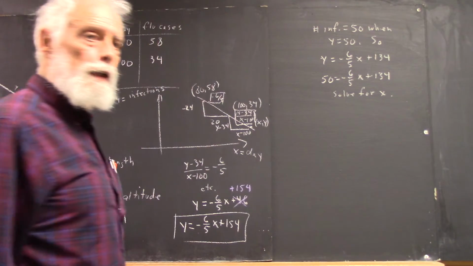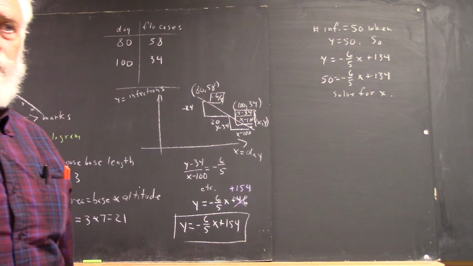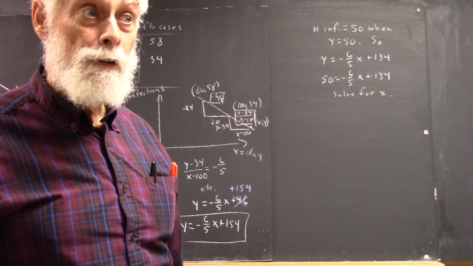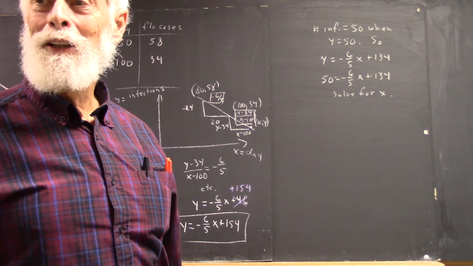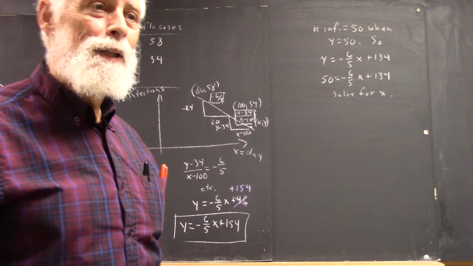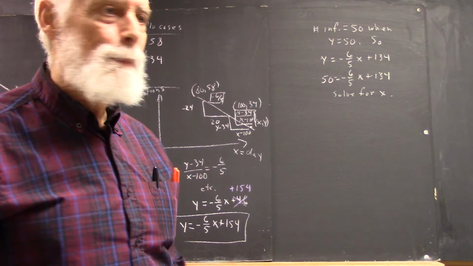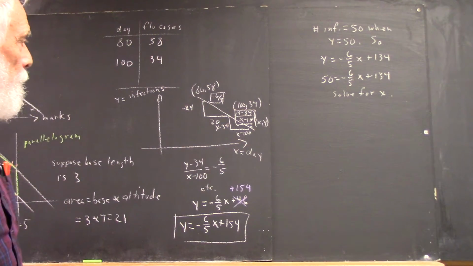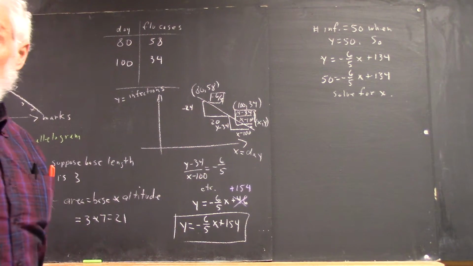Now, when you solve for X, you might not be like me, never making any mistakes. Okay? So just on the outside chance that you've made a mistake, you want to have some idea from your picture when X would be, or when Y would be 50, right?